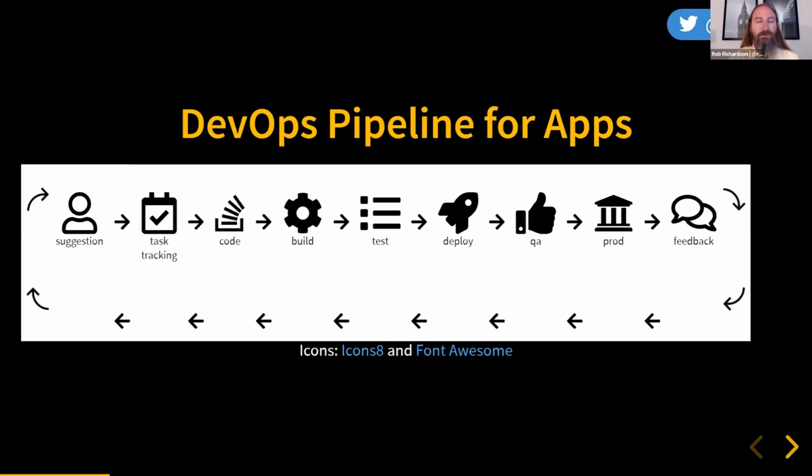In this case, we have a DevOps pipeline that starts with a customer suggestion. Maybe we'll put that in a task tracking system like Jira or Trello. And then when it comes time, a developer will grab the task, grab the code, and commit that code to a source control system. In time, the build server will notice that the source code changed, and it will build some content, run some automated tests on that, and ultimately deploy it to a pre-production server, in this case, a QA server.